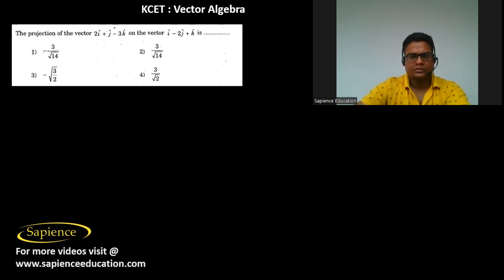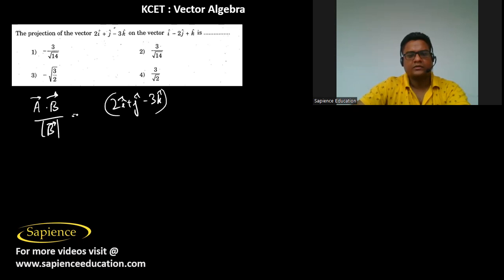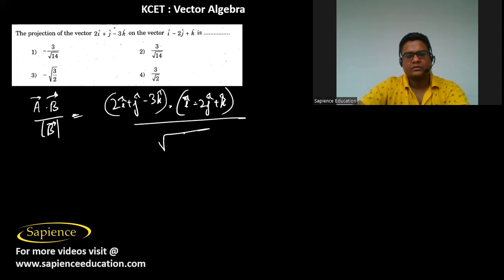The projection of the vector 2 I cap plus J cap minus 3 K cap on the vector I cap minus 2 J cap plus K cap, we have to find. So this will be A dot B divided by magnitude of B, which is the projection of vector A on vector B. So that will be A dot I cap minus 2 J cap plus K cap divided by magnitude of B, which will be square root of 1 square plus 2 square plus 1 square.